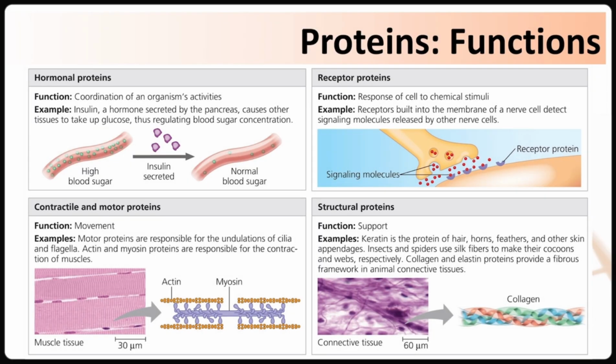Next, another function of protein, we have the hormonal proteins for coordination of organisms' activities, receptor proteins so that our cells can respond to chemical stimulus, contractile and motor proteins, of course, for movement, and structural proteins for support. And one example of it is keratin that we can find in hair, right?